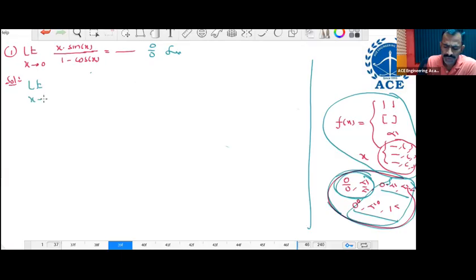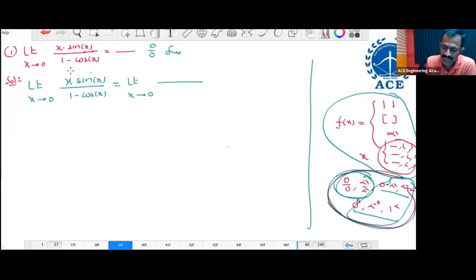Limit x tends to 0 of x sin x divided by 1 minus cos x equals limit x tends to 0. Because of the 0 by 0 form, differentiate once in the numerator and denominator.